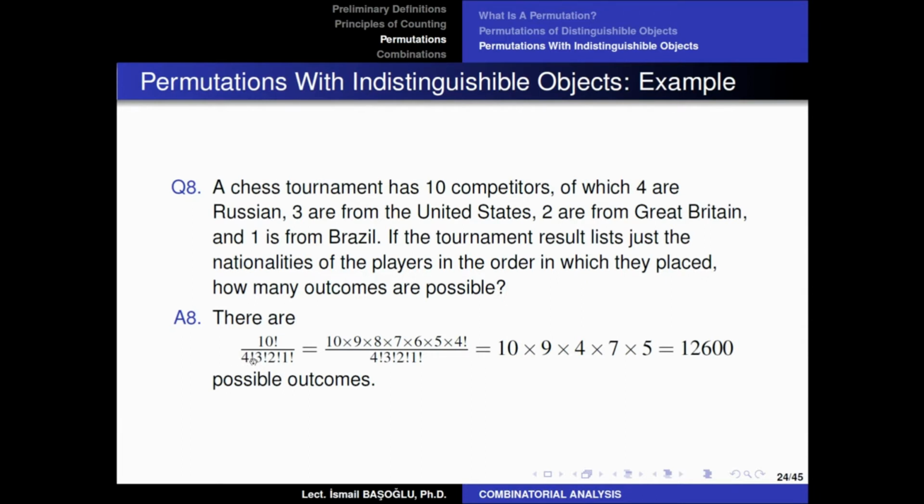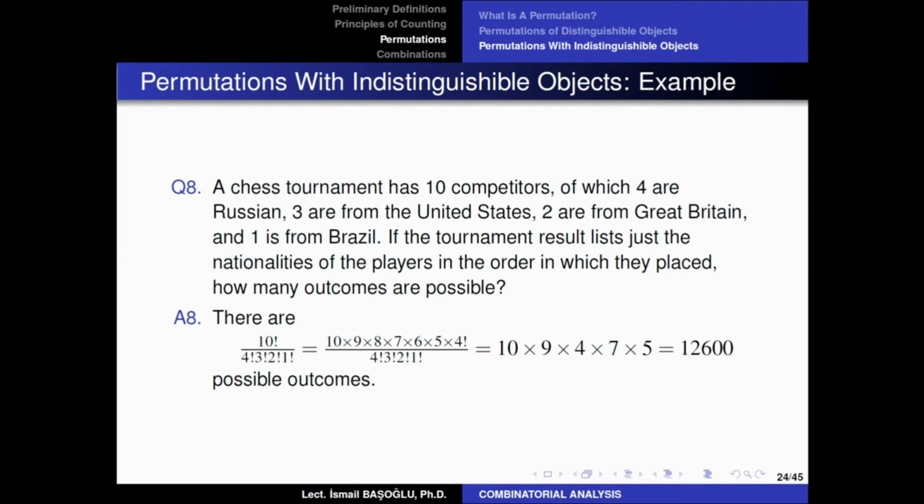So we can create 4 factorial different permutations by swapping the positions of the Russian competitors. However, in the overall ranking, we will still see the same positioning. Therefore, we divide 10 factorial by 4 factorial, the permutations which we can create by swapping the Russian competitors. Similarly, we need to divide by 3 factorial for the United States competitors and 2 factorial for the Great Britain competitors. And we have 1 factorial here, which is ineffective in the calculation. Therefore, the result is going to be 12,600.